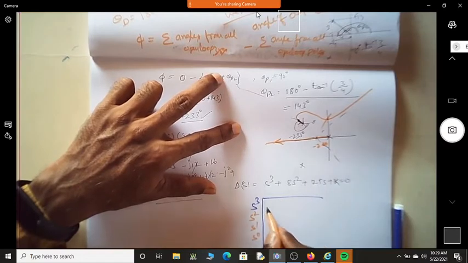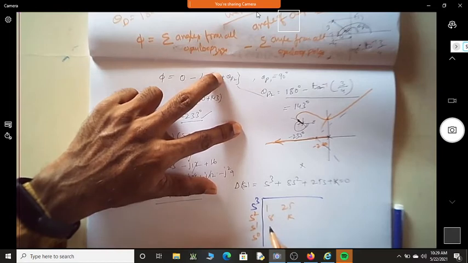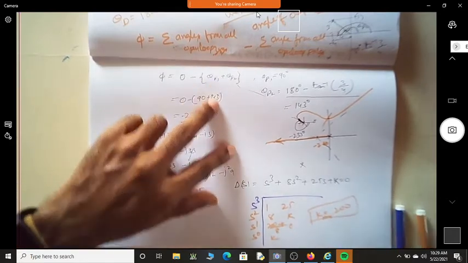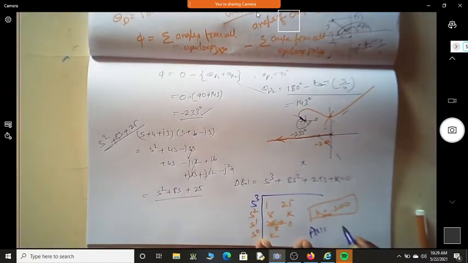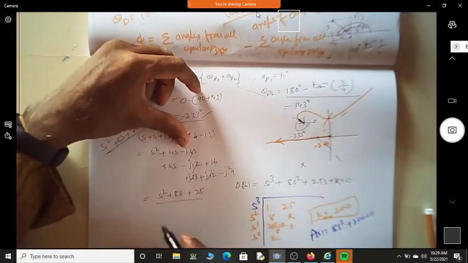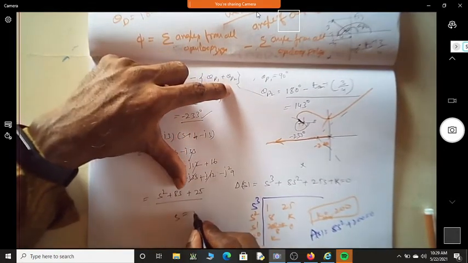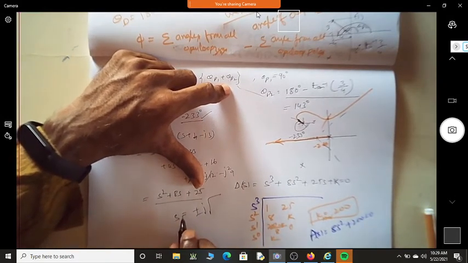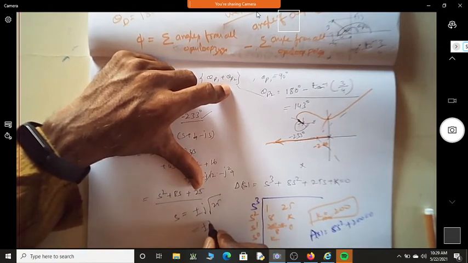The Routh array gives 200 minus k by 8, so k margin is equal to 200, correct? Then what is the auxiliary equation? It is 8s square plus 200 equal to 0. Then what are the roots? s is equal to plus or minus j root of 25, which is plus or minus j5.